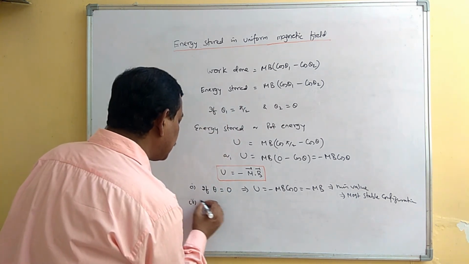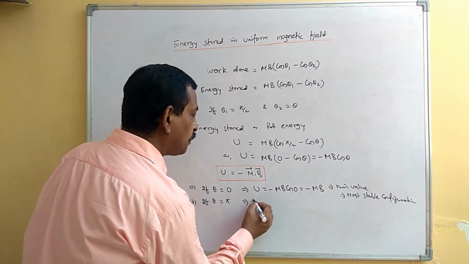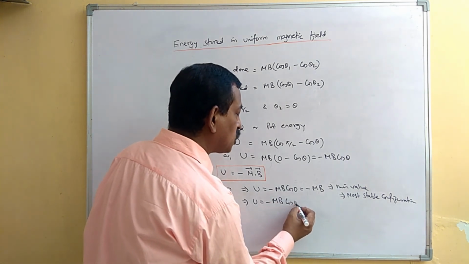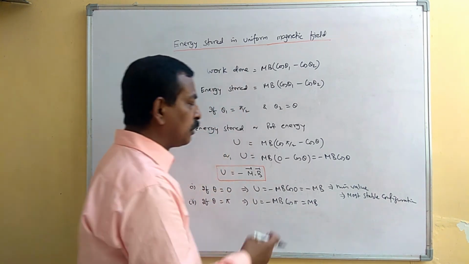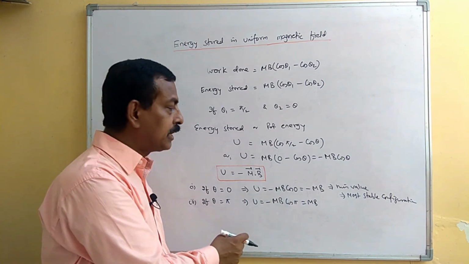If we consider theta is pi, then U will be equal to minus mB cos pi, and that is plus mB, because cos 180 is minus 1, so it becomes plus here.